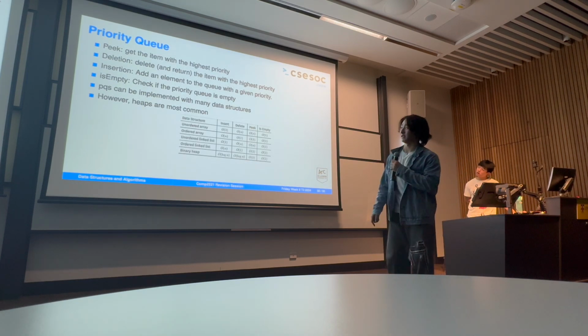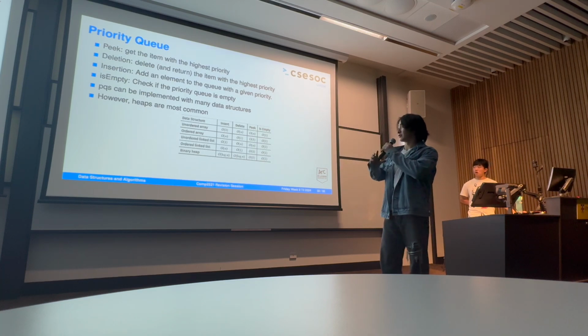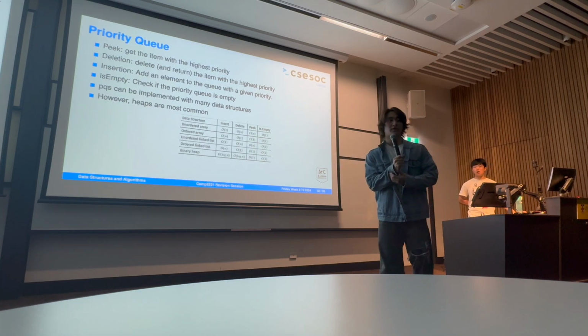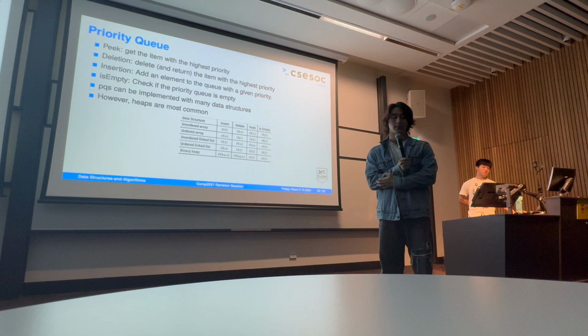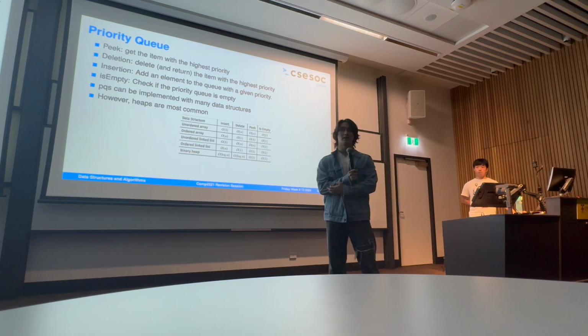And you can see that heaps are most common. Why? Well, we didn't quite go through this before, but because of the completeness property, we know that the heap has at most log n levels, where n is the total number of items in the heap.